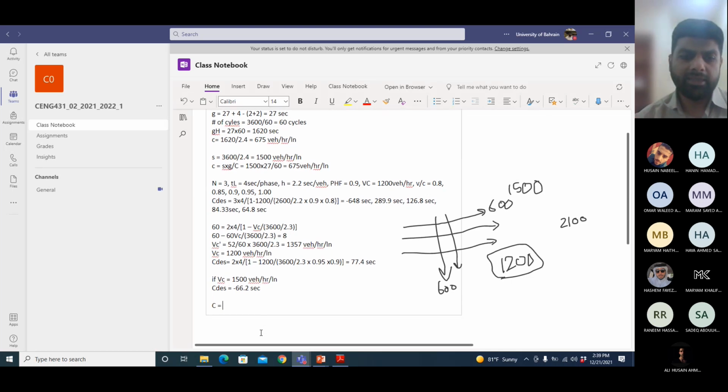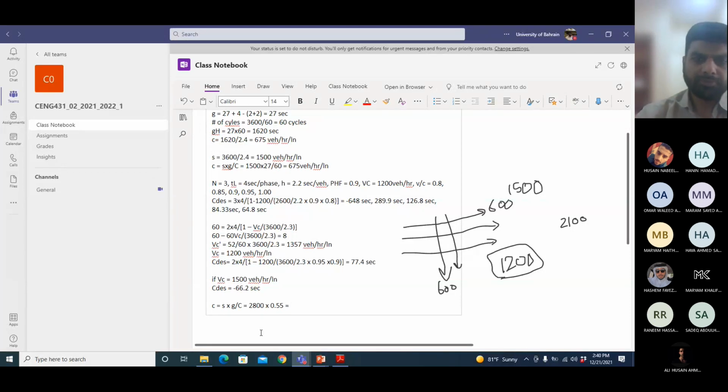Okay, so capacity equals S times G/C ratio. S is 2800. G/C ratio is 0.55.